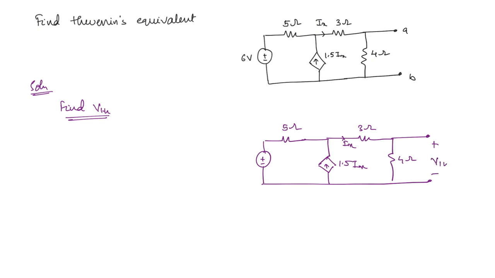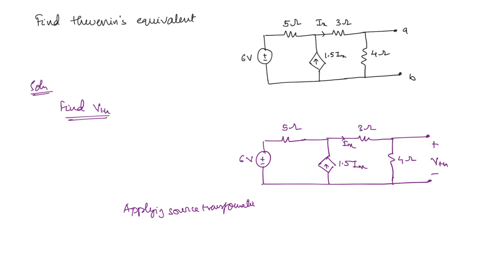Here you need VTH. Now here you can apply source transformation. Okay. So applying source transformation, what are we applying the source transformation for? For this voltage source in series with this resistance, because then you will get a current source which will be in parallel with another current source. Okay, but remember, you cannot transform this element because it is having the controlling variable Ix.